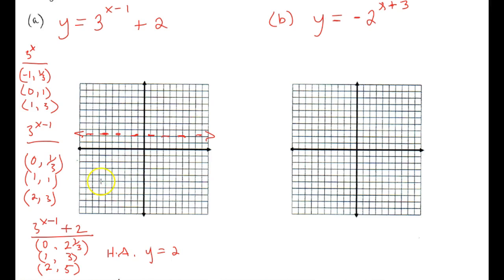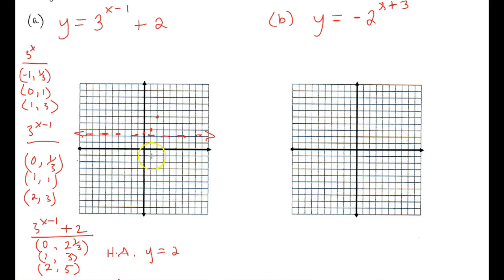And we see that we have the point (0, 2 and 1/3). So we'll just go ahead and plot that, approximated about there. We also know that we have the point (1, 3), which would be about here. And we have the point (2, 5), which would be about here.